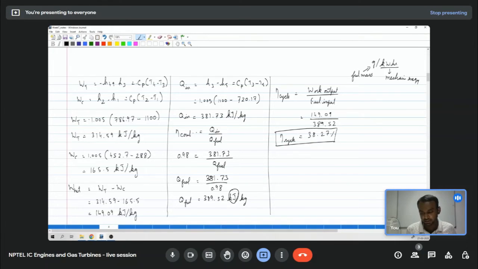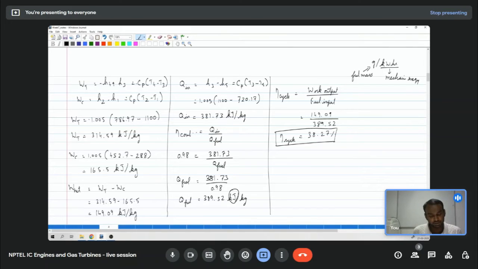Now we can calculate the turbine work and compression work because we know the inlet and outlet temperatures, and we found the net work output as 149.09 kilojoule per kg. The heat given by the combustion chamber through the fuel is calculated from the temperature difference across the combustion chamber.